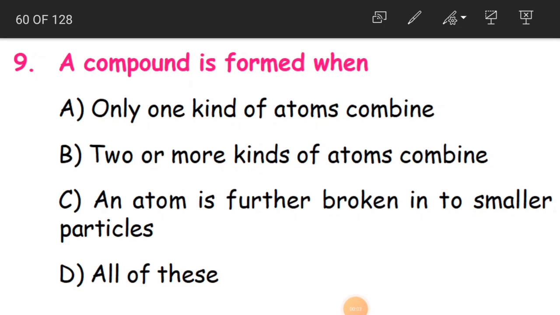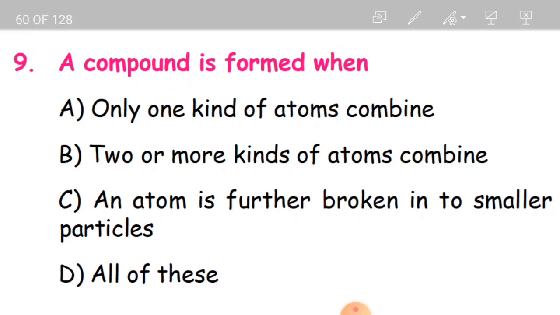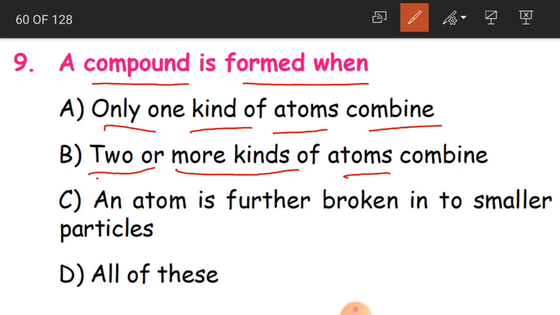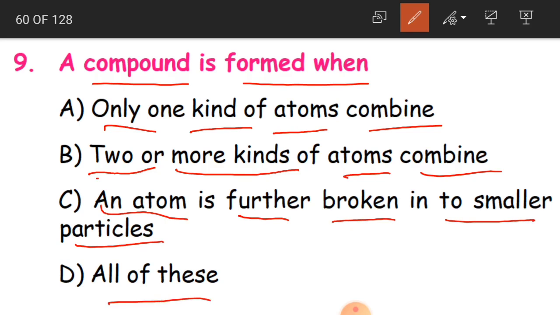Ninth question, children. A compound is formed when? A, only one kind of atoms combine. B, two or more kinds of atoms combined. C, an atom is further broken into smaller particles. And D, all of these. So what is a compound?